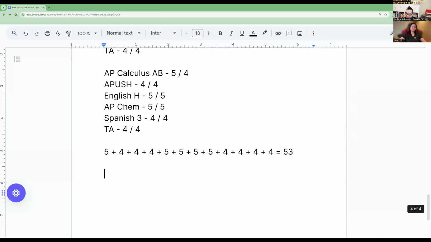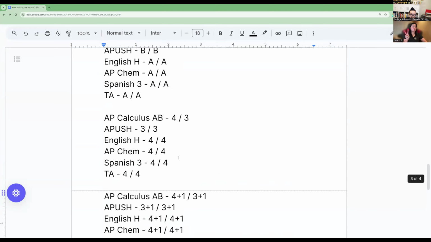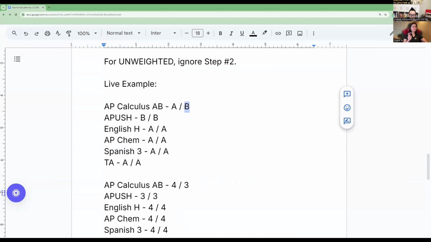What's the next step? The next step is for you to take this very big number, 53, and divide it by how many letter grades you've gotten so far. We are on a semester system, which means we got 2 letter grades per course, and we've taken 1, 2, 3, 4, 5, 6 courses.